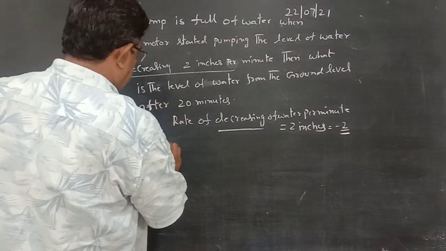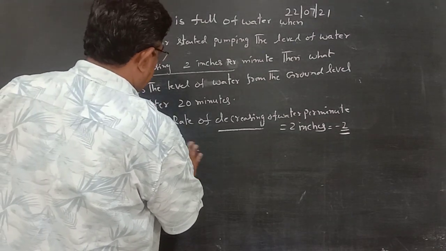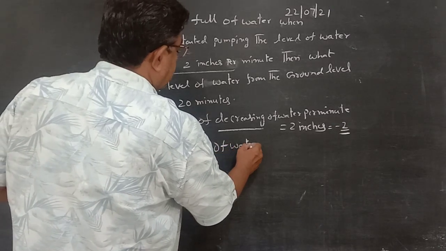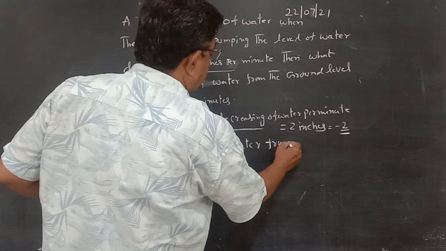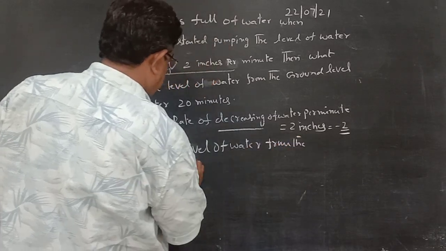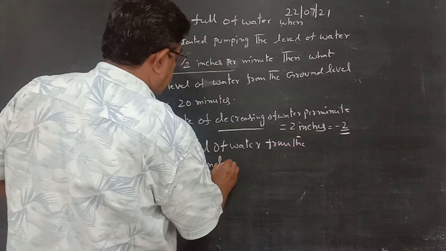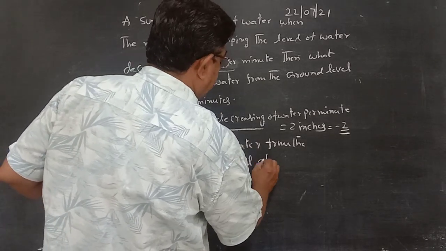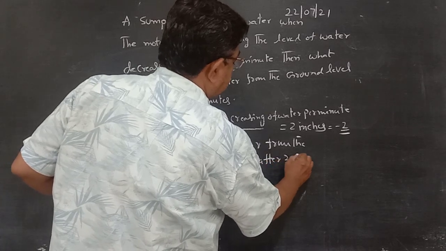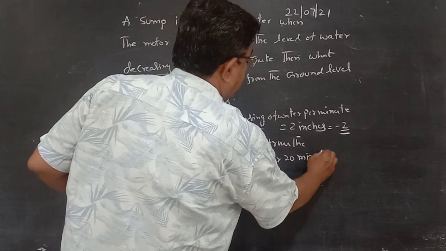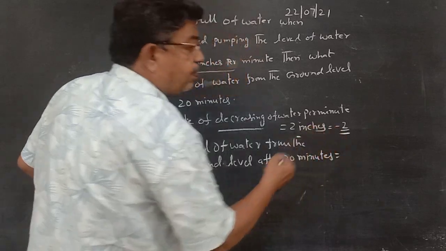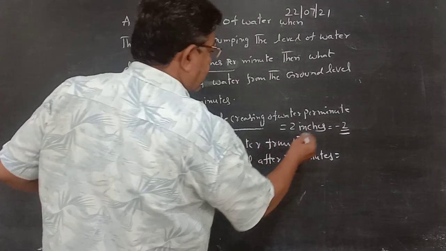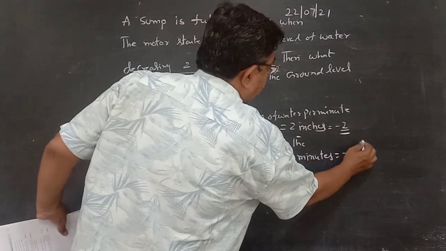So the level of water from the ground level after 20 minutes is equal to, for each minute the level is decreased by -2. Therefore, -2 inches, -2 into 20.